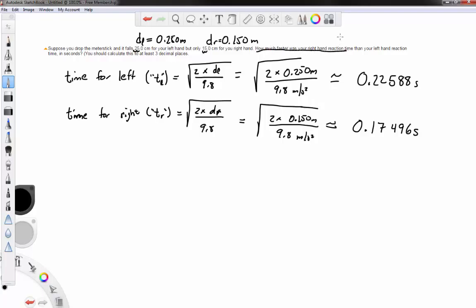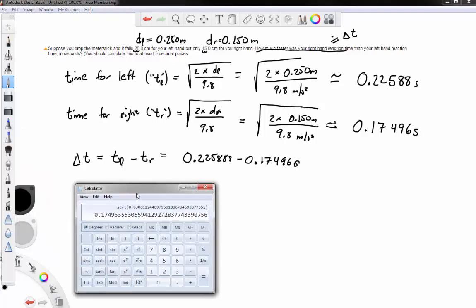So how much faster? I'm going to represent that as delta t. So delta t is equal to the difference in the two times. So that would be TL minus TR, or 0.22588 seconds minus 0.17496 seconds.